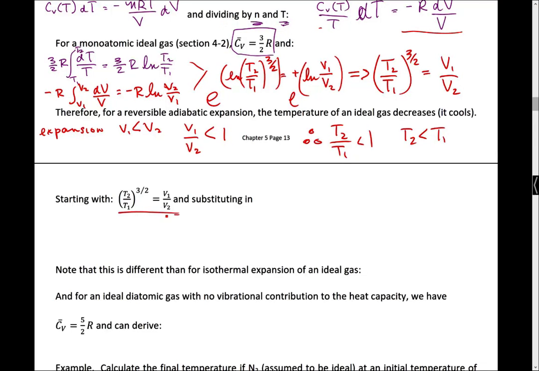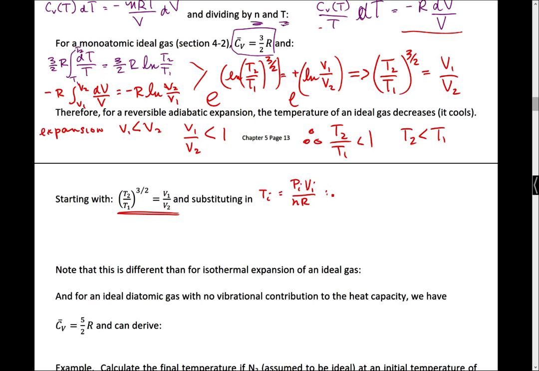What I know at this point is that T2 over T1 to the 3/2 is V1 over V2. Because I have an ideal gas, I know that the temperature is going to be equal to the initial pressure and volume, P_i V_i, over nR. I'm going to substitute in this expression in the numerator and this expression in the denominator, and we're not changing the number of moles, so nR is going to go away.